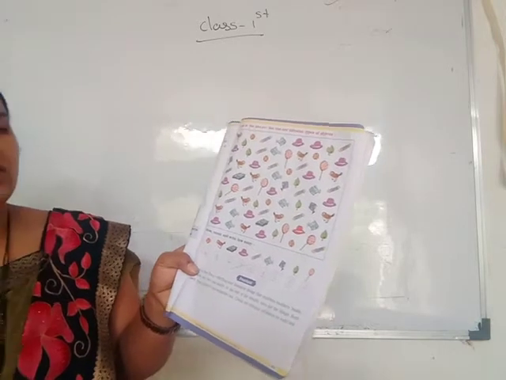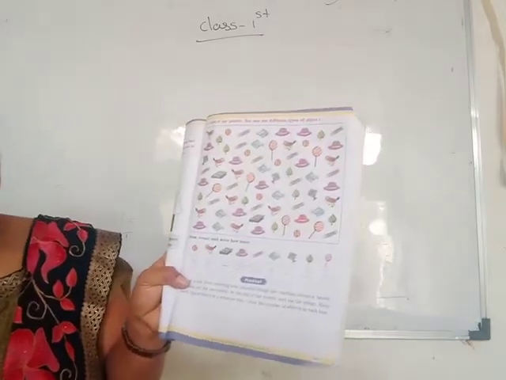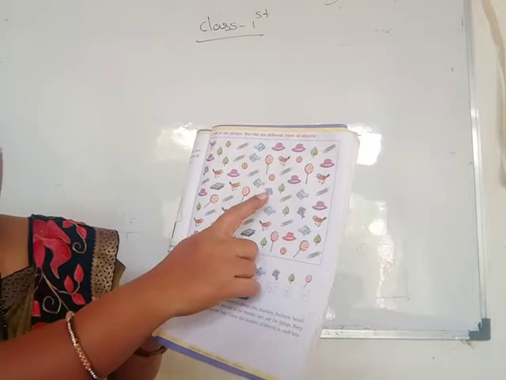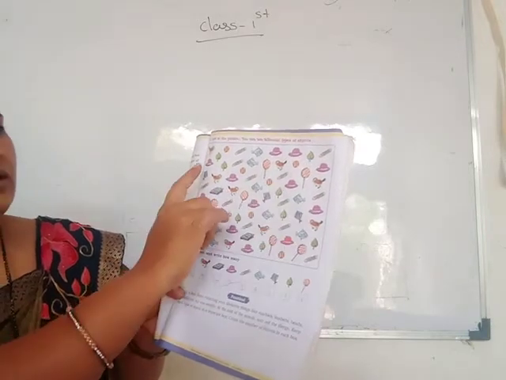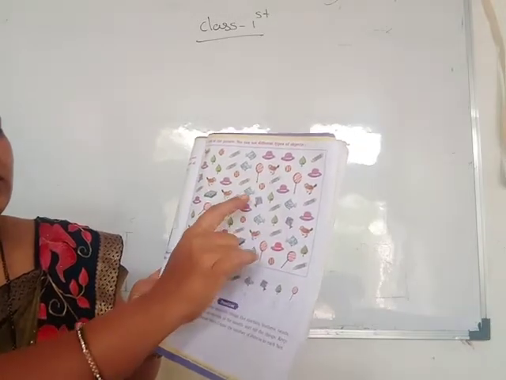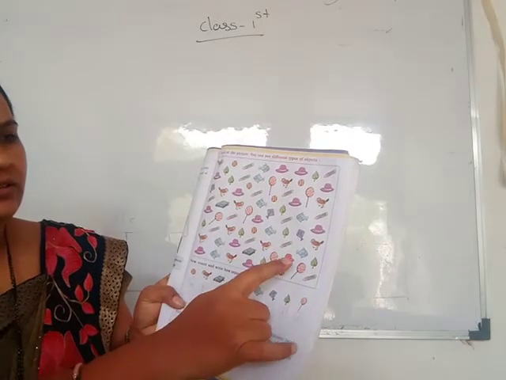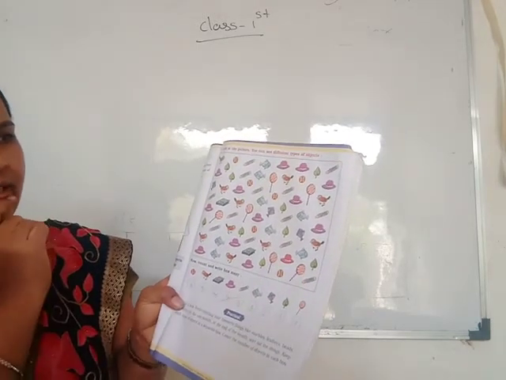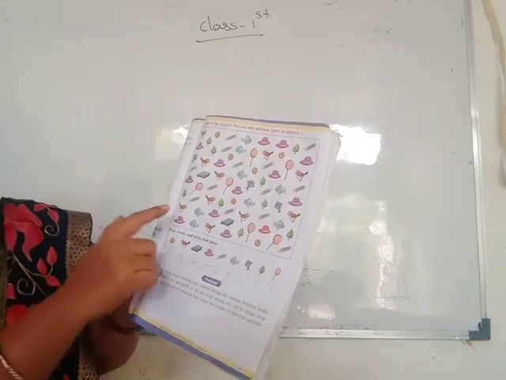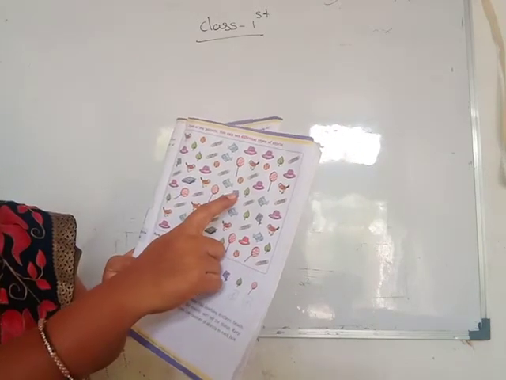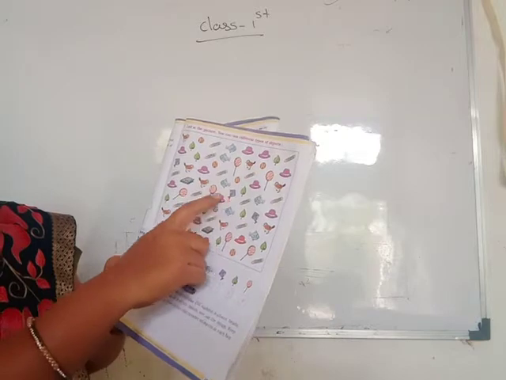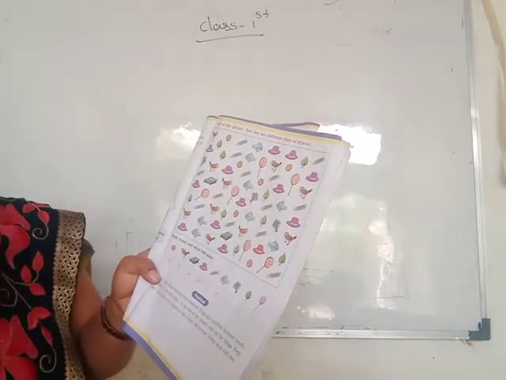Next one picture, you see this kite. How many kites in this picture? See where kite? Here kite. 1 kite. Again where kite? You see here. Here 1. Then only 1 kite here. Then next one, leaf.